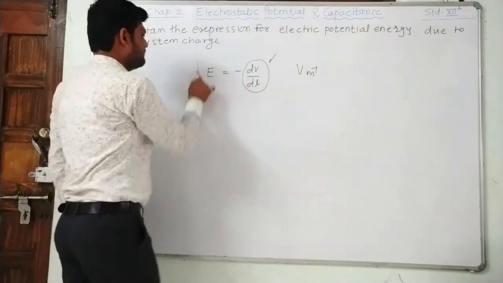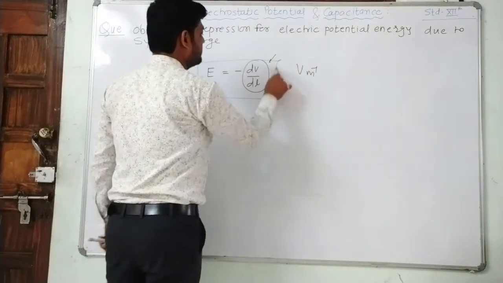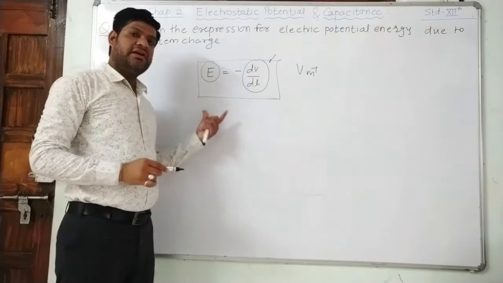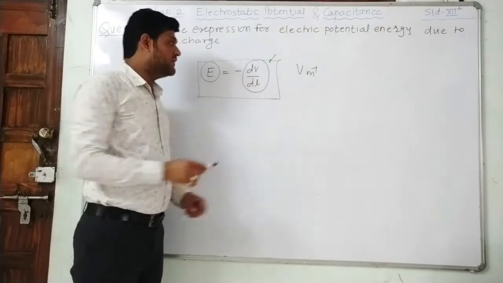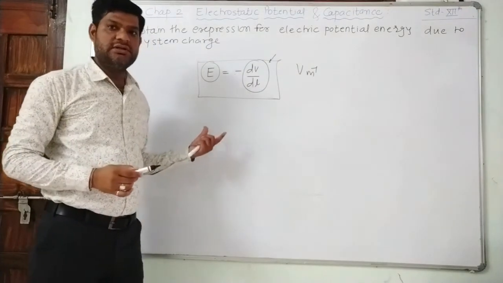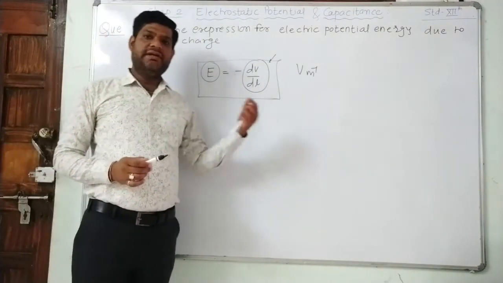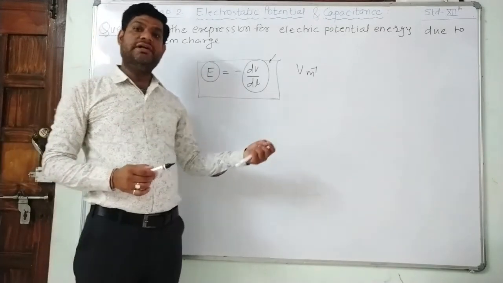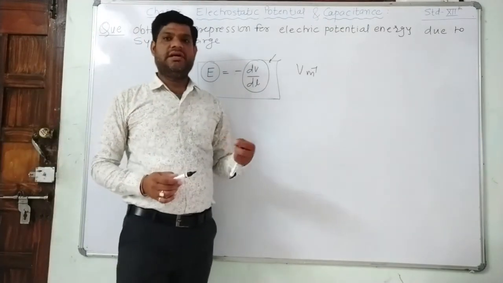From this equation we can conclude that the direction of electric field is in the direction of decreasing potential. See, what is our conclusion? The direction of electric field is in the direction of decreasing potential.